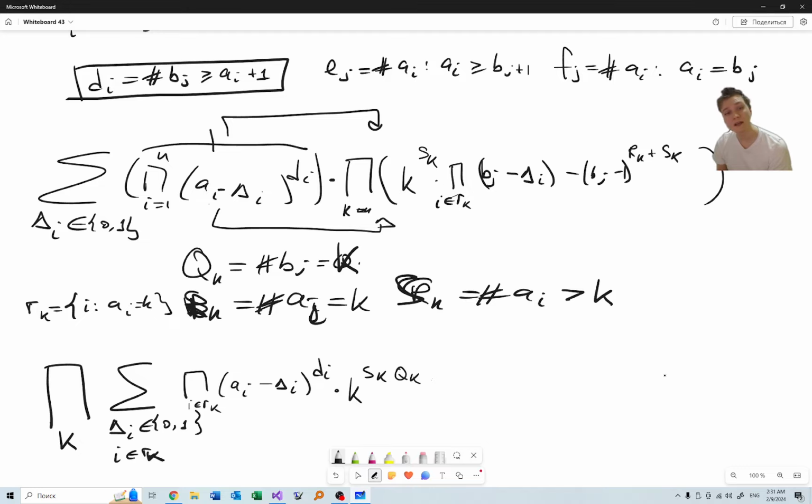Actually, d_i are the same for all numbers, yeah? d_i is simply the number of b_j's which are at least a_i plus 1. So let's introduce a new variable t_k, which is the number of b_j's which are greater than k.